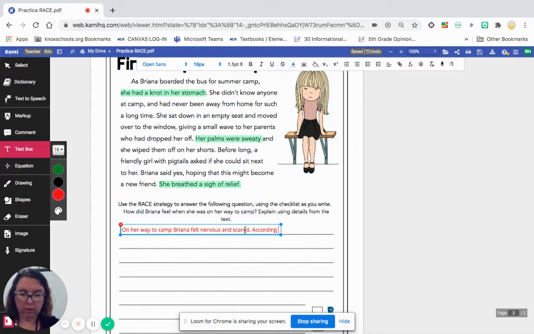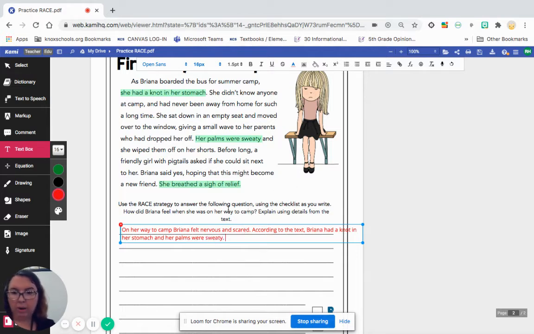According to the text, Brianna had a knot in her stomach and her palms were sweaty.